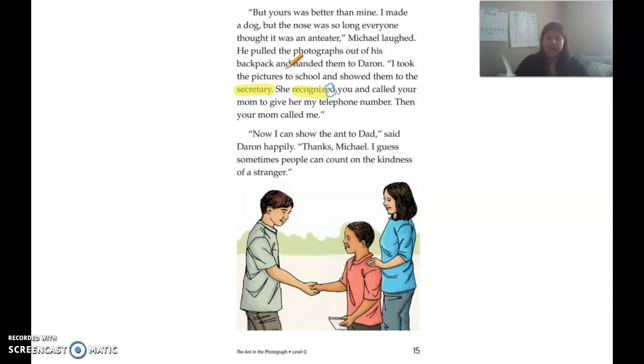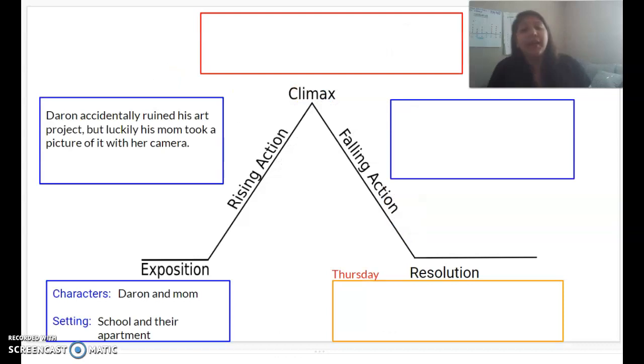All right, so now let's look into our plot mountain. Yesterday you were supposed to complete this climax part of the mountain. I'm going to complete it with you today, and I'm also going to complete this blue box. And then today your assignment is going to write the resolution. So what was the solution to the problem? What ended up happening here, so after that, the mom, let me put Darren's mom, lost her camera.